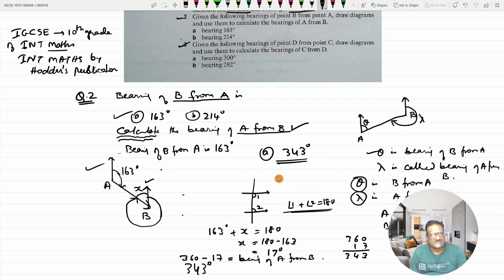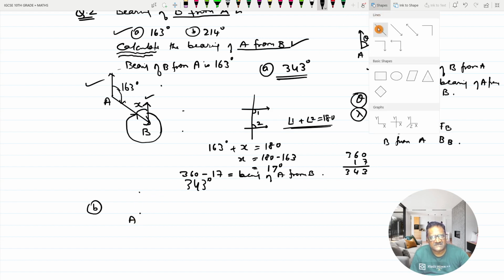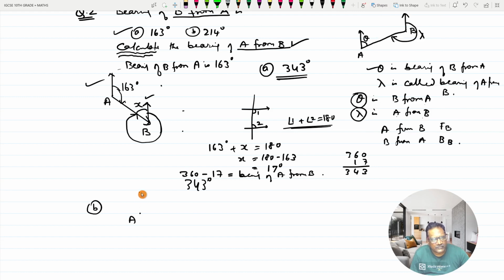Now let us try to answer sub question B. Again the bearing of B from A is given as 214. So let me take this point as A. Let me draw a northward arrow.